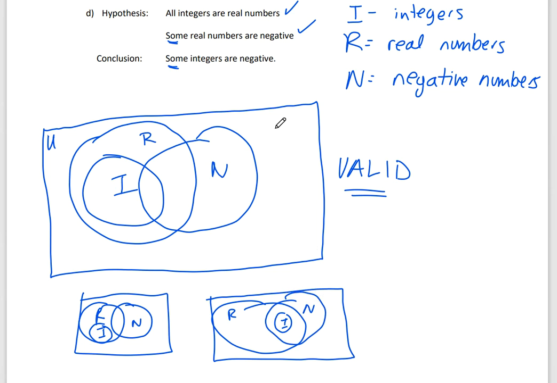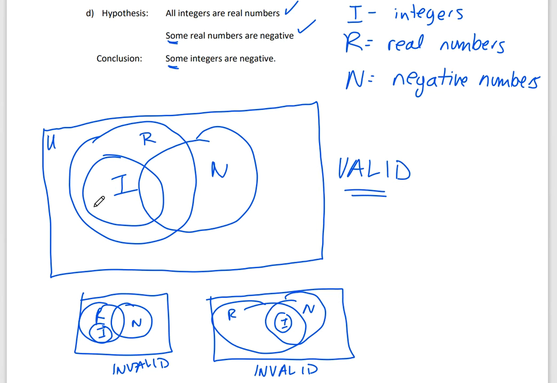And negative numbers. So there's three cases for this one. This one's valid. Some integers are negative. This one's invalid. And this one's some integers. This one's invalid. Right, so it just depends on how you draw it.